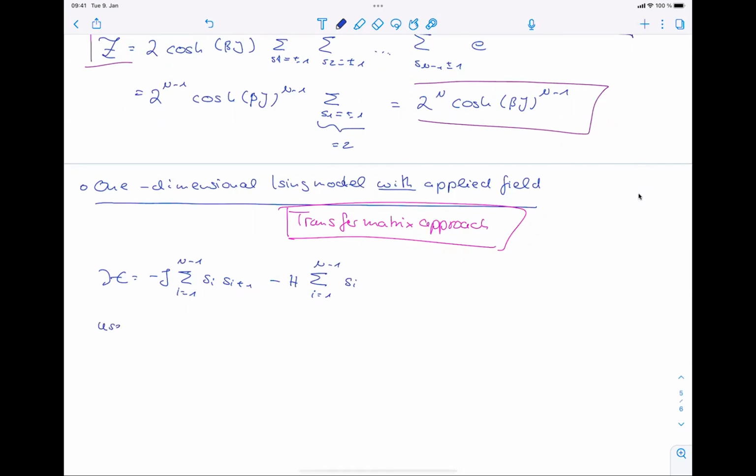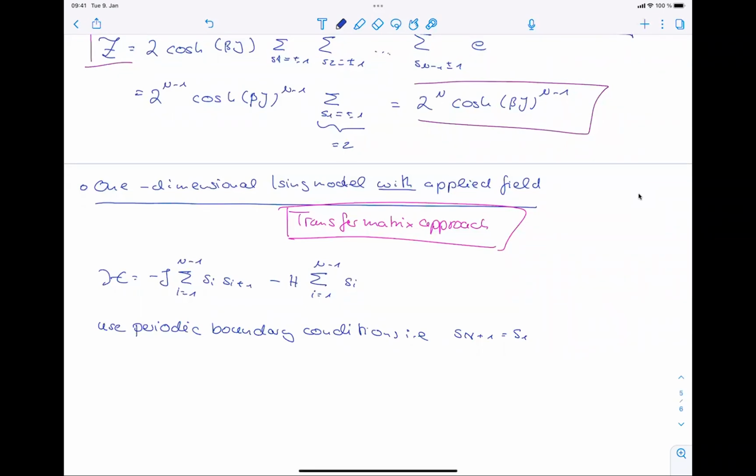Let me first specify the boundary conditions. As it's the simplest case, we start with periodic boundary conditions, which means that Sn plus 1 is again S1. You can think of it as basically a circle.